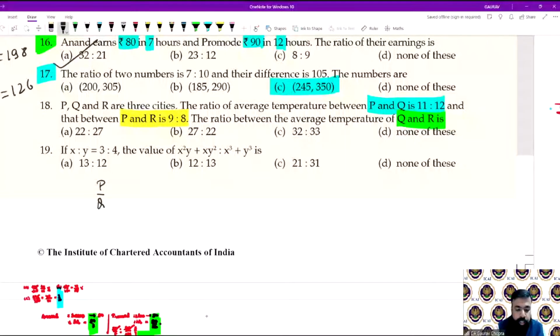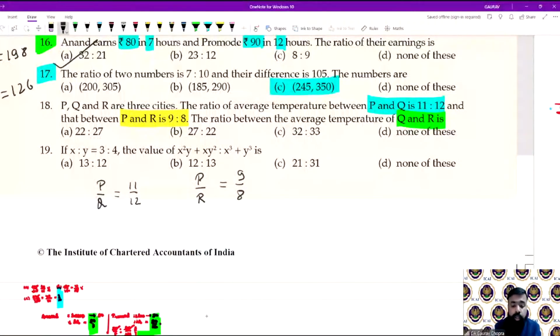P and Q, so we can write P by Q is 11 by 12. Then P by R is 9 upon 8. Now this time we have to find out the ratio between Q and R. So it is very much easy.